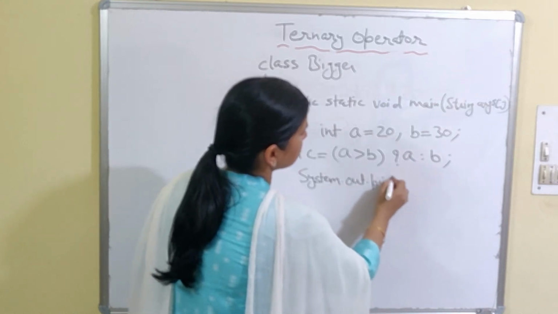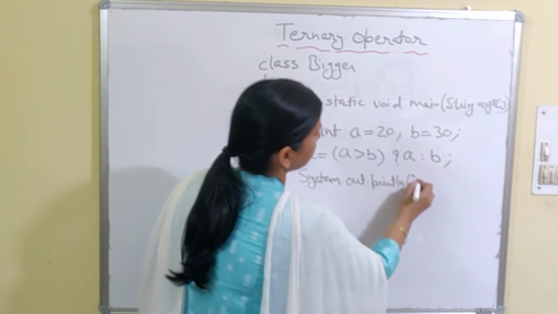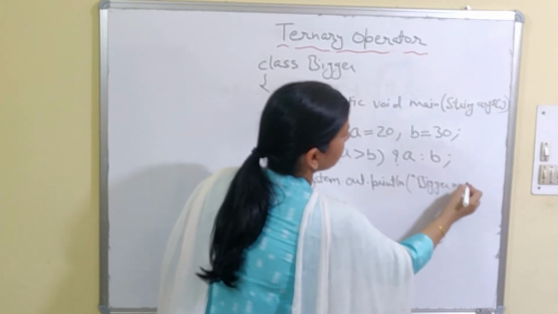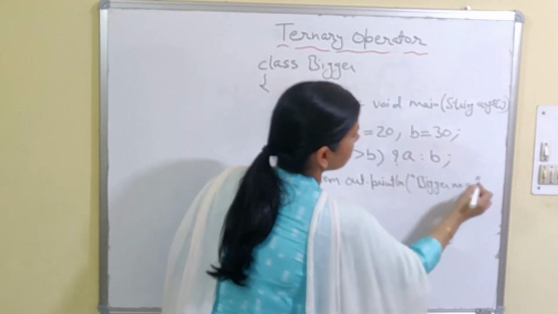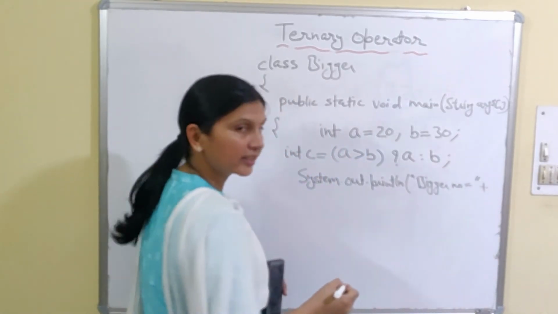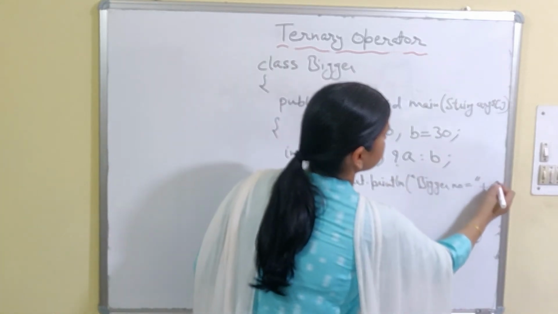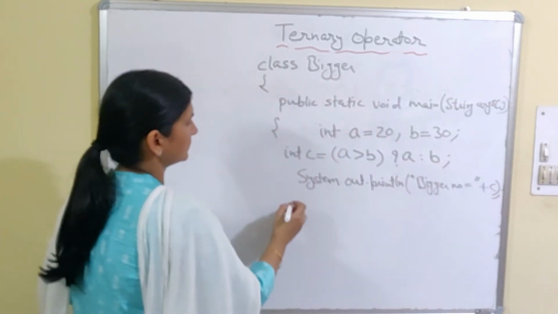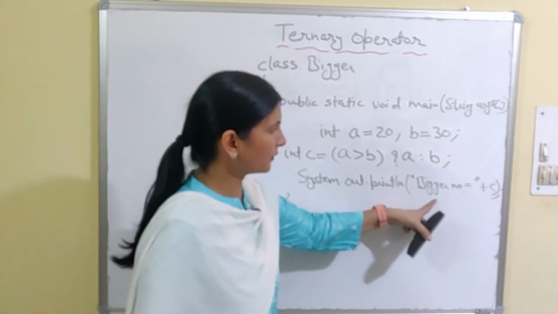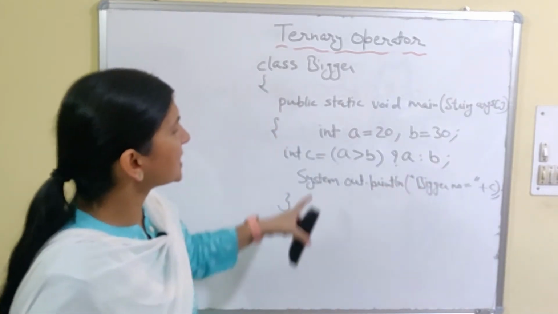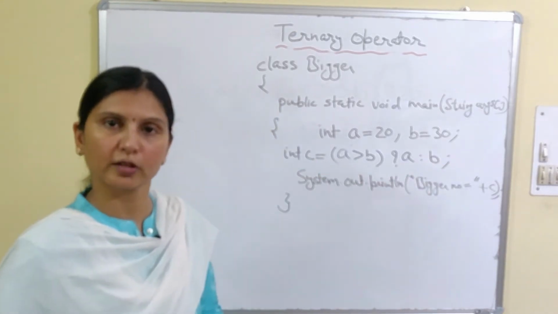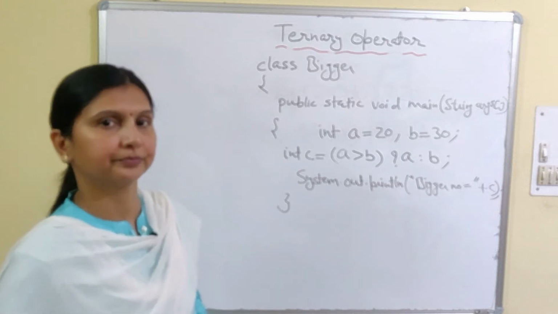System.out.println, within inverted commas, bigger number equals, close, plus for concatenation, c, semicolon. Fine. So when you run this program, the output will be bigger number equals c, and in c what is the value? 30, because this condition is false. I hope it is clear.